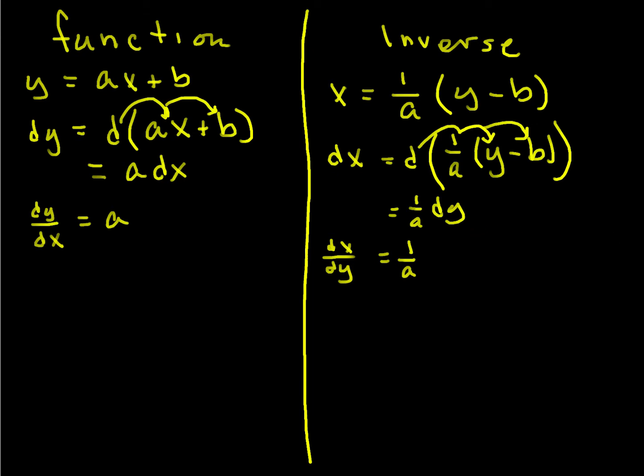Now, this we'll find is not a coincidence: the a popped up as the reciprocal, in the denominator. So I could rewrite this: dx/dy is the same as 1 over dy/dx.